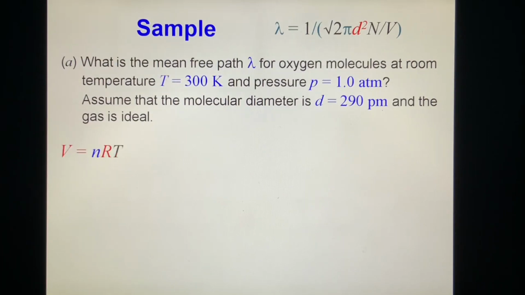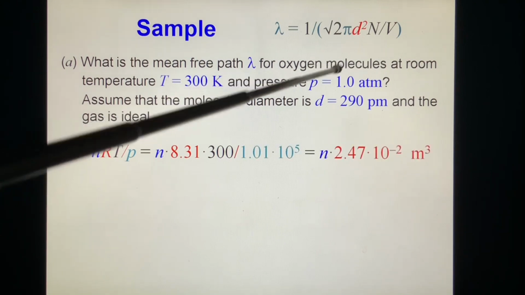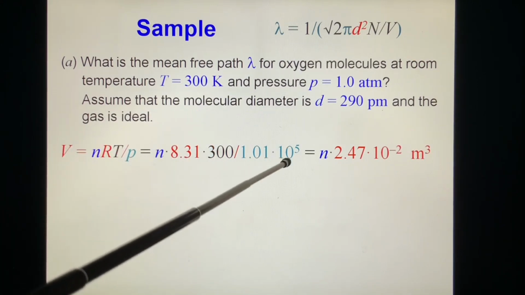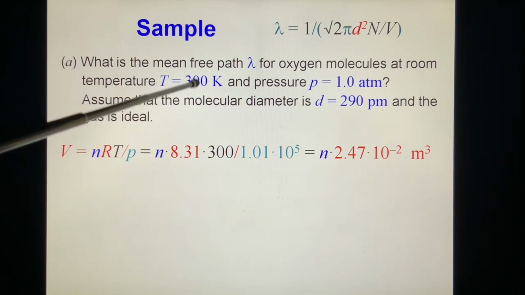Now, suppose you have n moles of material. So V equals nRT over P. We have P as 1 atmosphere, which you have to express in Pascal, 1.01 times 10 to the 5. Temperature is in Kelvin.